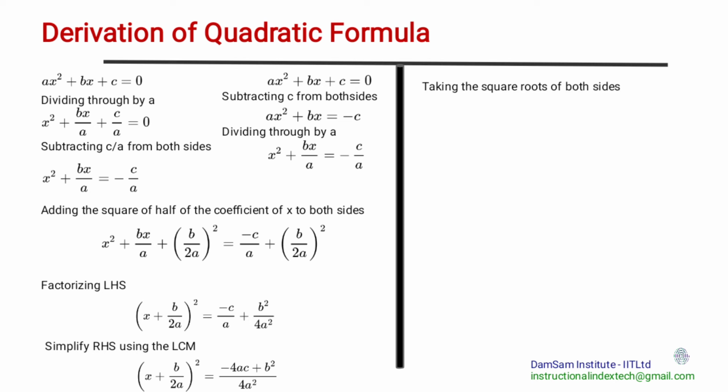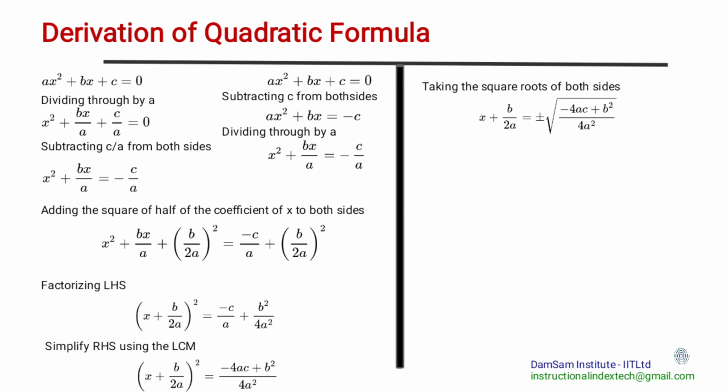The next thing we do is take the square root of both sides. When we do that, the square at the left hand side is cancelled out, and a square root emerges at the right hand side. We have x plus b over 2a is equal to plus or minus root of negative 4ac plus b squared, over 4a squared.